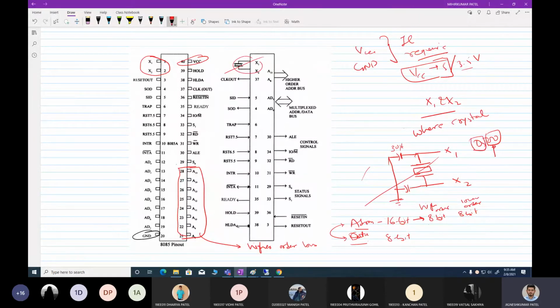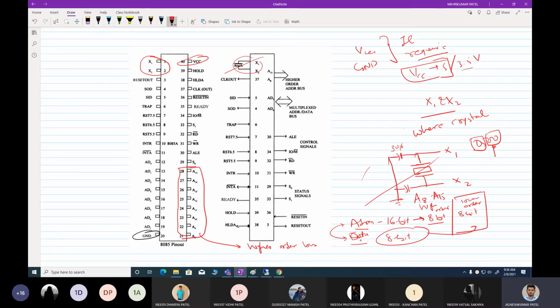They have provided the higher order address bus separately, and the pins for it are A8 to A15. The lower order address bus is combined with the 8-bit data bus. Both are 8-bit, so I can combine them.